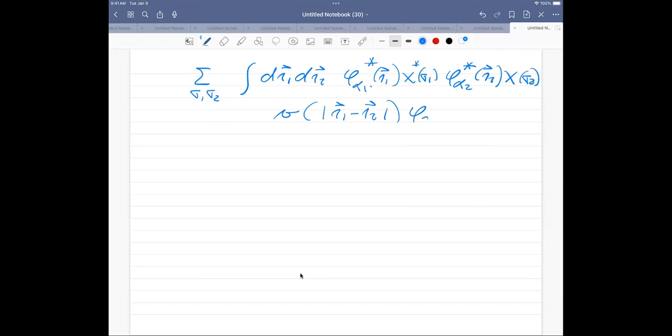So this would be the so-called Hartree term. And then we have a spin part of sigma 1 multiplied with psi alpha 2 of r2 and psi of sigma 2 here. So this is what we call the Hartree term.